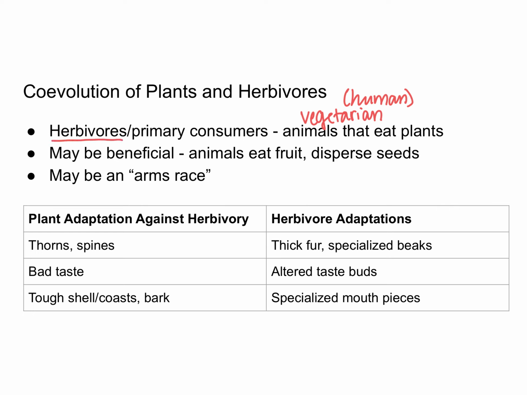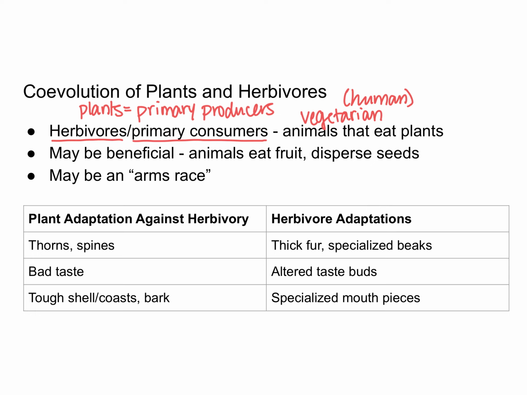They're also called the primary consumers because they are eating plants. Remember, plants are the primary producers. So the primary consumers come along, they eat the plants, and then they take that energy that the plant has captured from the sun during photosynthesis.